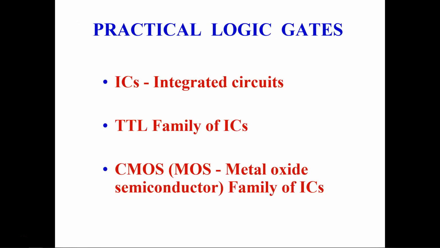So this was the example. Now next we have practical logic gates. The practical logic gates are made up of ICs, and in the ICs there are different logic gates present. We'll be using some of the ICs in our laboratory experiments to test how the logic gates work. The TTL families of ICs, which are very popular, and CMOS are the families of ICs mainly used for logic gates.